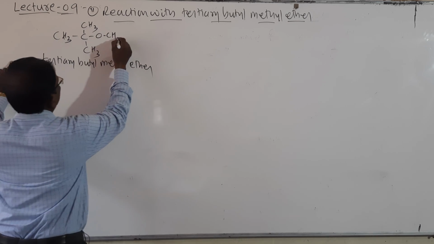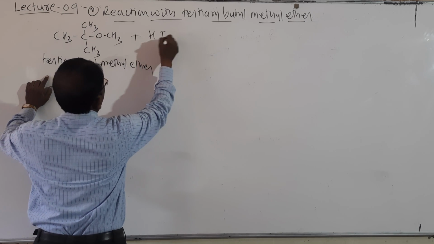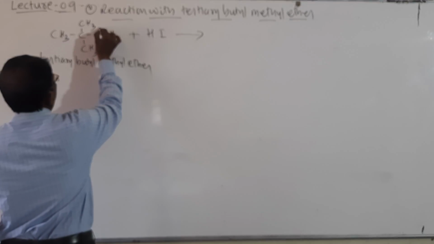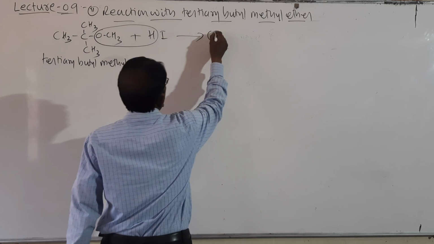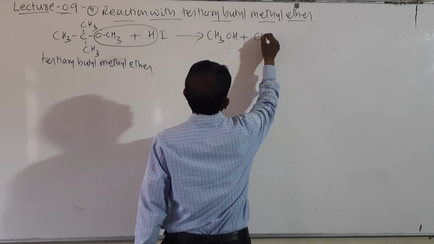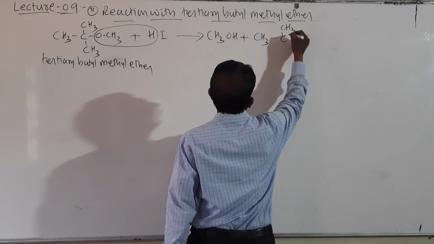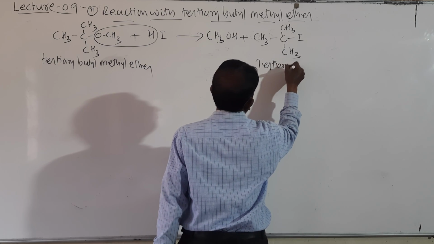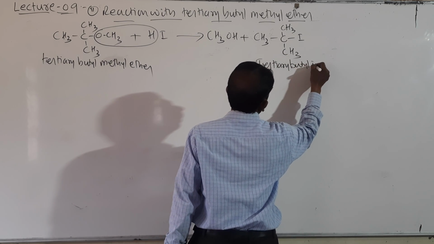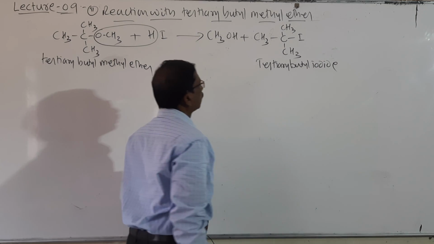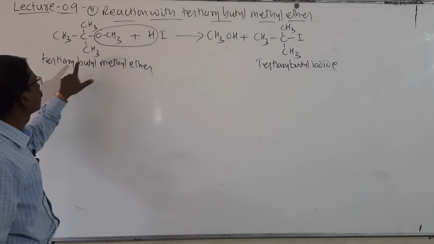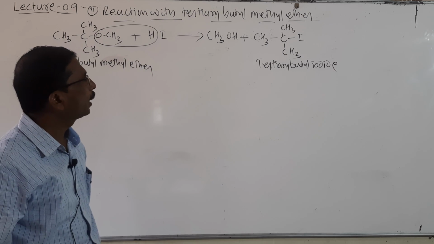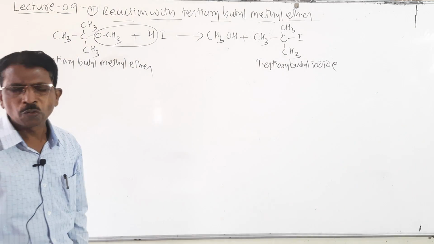So when it is treated with hydrogen iodide, look here students, this methyl alcohol is removed, and then it forms tertiary butyl iodide. Tertiary butyl iodide is formed. It is tertiary butyl methyl ether. When treated with hydrogen iodide, it forms tertiary butyl iodide and methanol is formed.